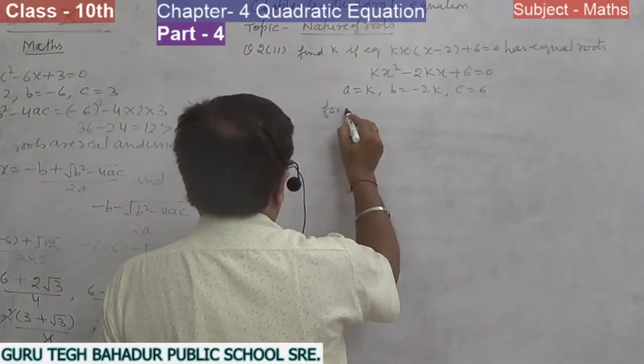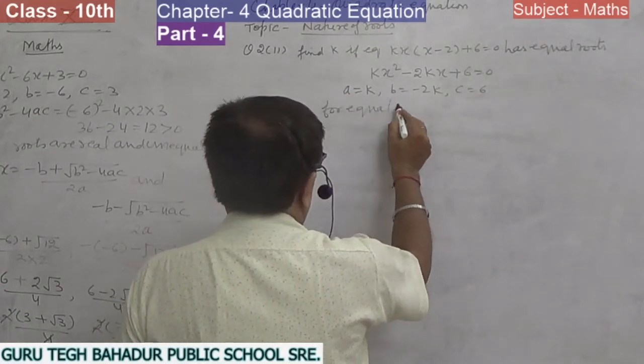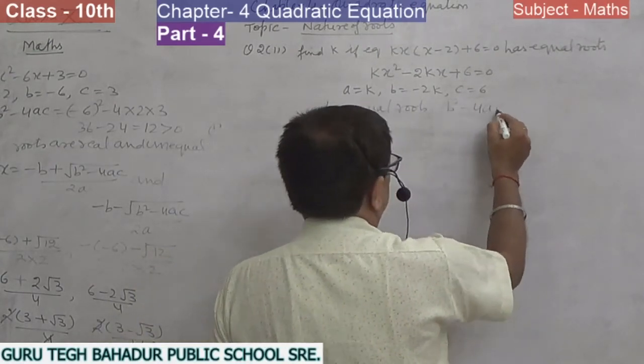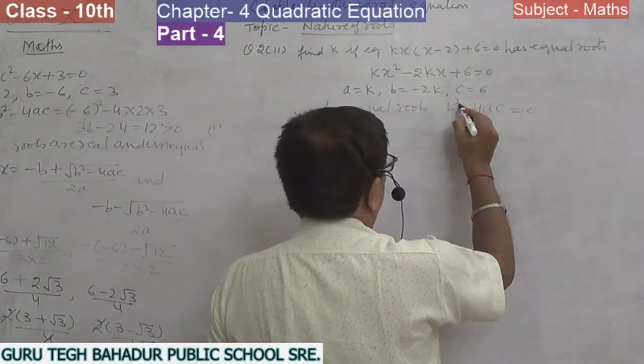For equal roots, b square minus 4ac is equal to 0.